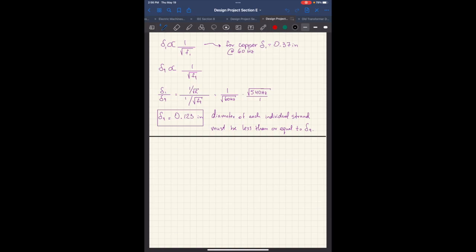Long story short, for the 9th harmonic, the skin depth was 0.123 inches. So basically the strands in our conductor have to be equal to 0.123 inches or less. It cannot be more, okay? This is something we'll have to consider when we're looking for what type of cable we actually want to use.